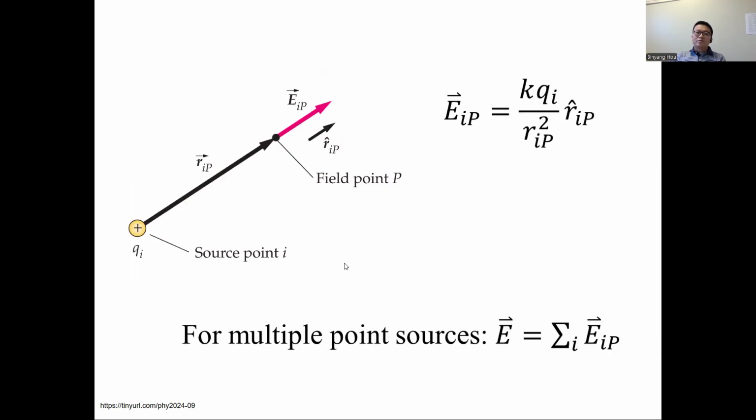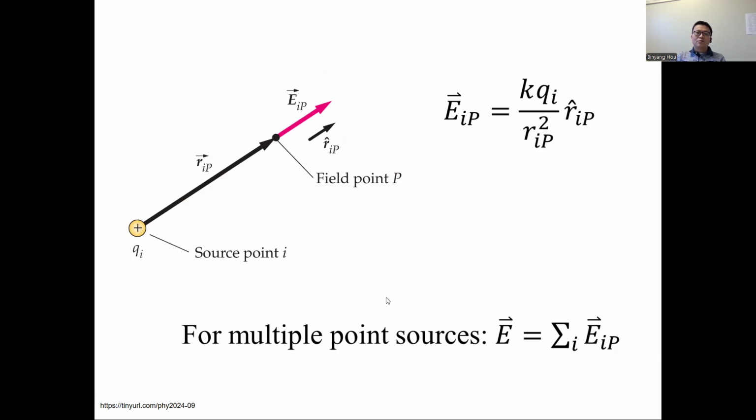If you have multiple source point charges, I could be equal to any number. At a particular point of interest, you will have an electric field produced by every single Q of i. So then E will be in that direction. And if you have another source point, let's say somewhere here, it'll be in this direction.